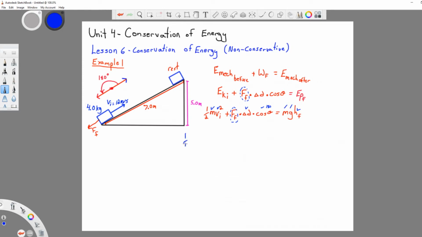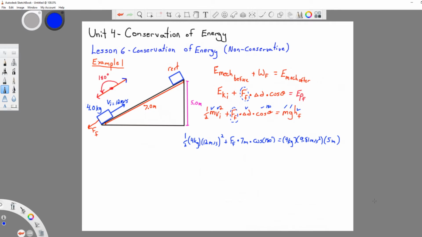So let's do 1/2 times mass of 4 kilos times velocity of 12 meters per second squared plus force of friction times 7 meters times cos of 180 degrees is equal to our mass again, 4 kilos, times gravity 9.81 meters per second squared, times the height. The height here final is 5 meters.